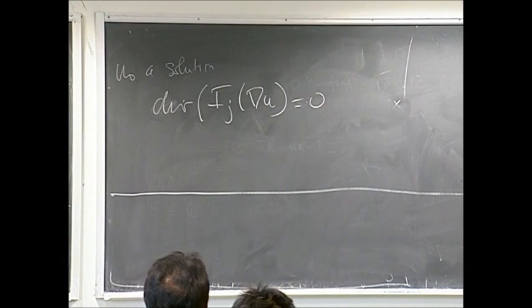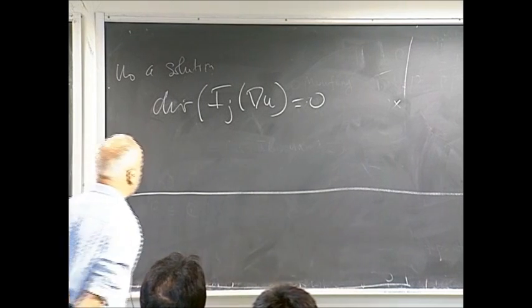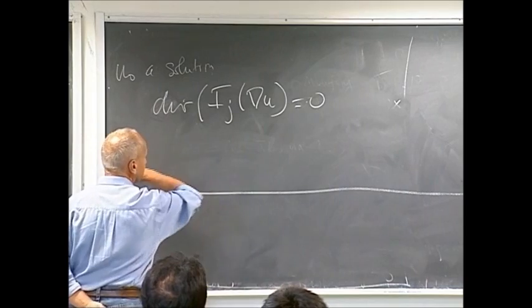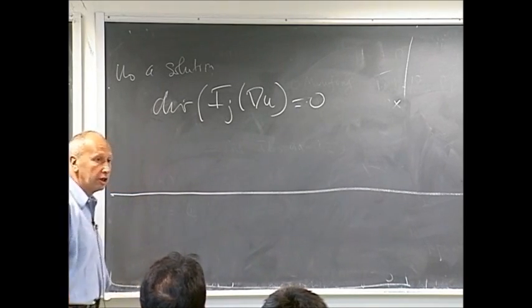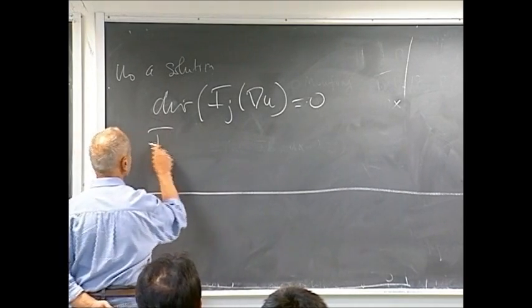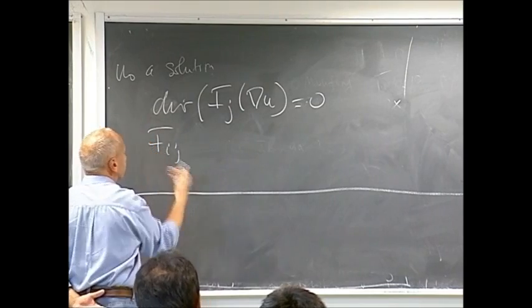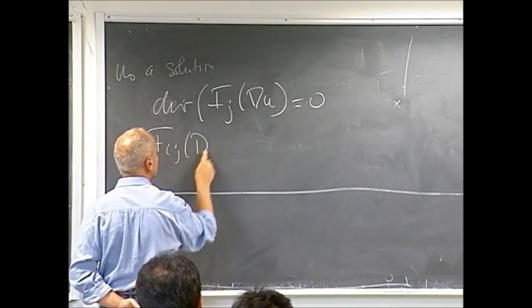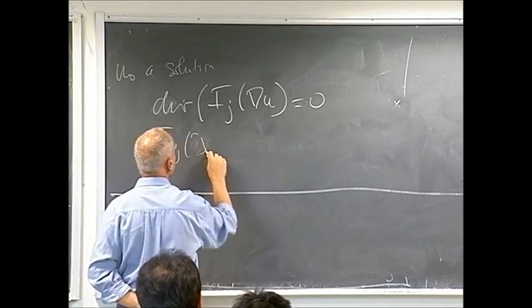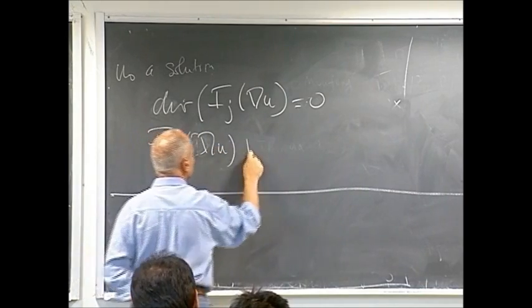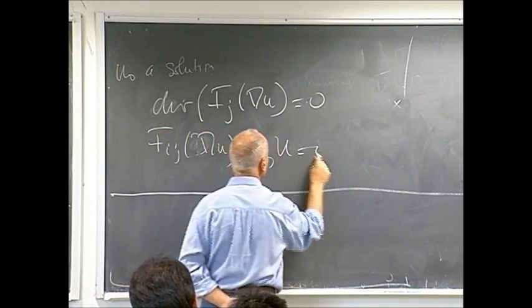And the first question you may ask is, how does it look like a second order equation? To see this, you take the derivatives across. When you do, this equation, at least formally, becomes F_ij of gradient u D_ij of u equal to 0.